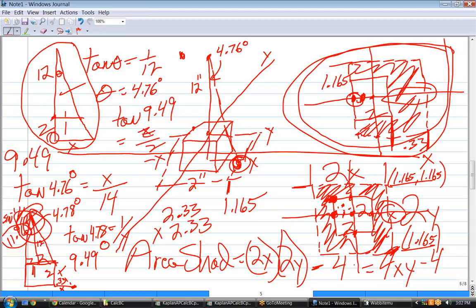Well, here's my area function, 2x times 2y minus 4. And notice that I can make x a function of theta. So I could turn my x variable into a function of theta. And my y variable, I'm pretty sure I could solve this if you could only move your flashlight horizontally and not relative to the y-axis also.